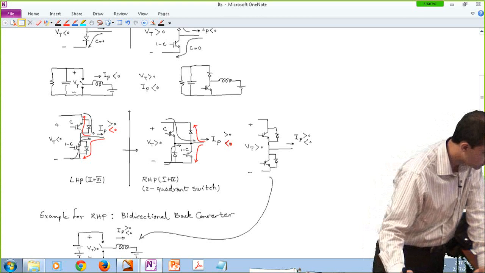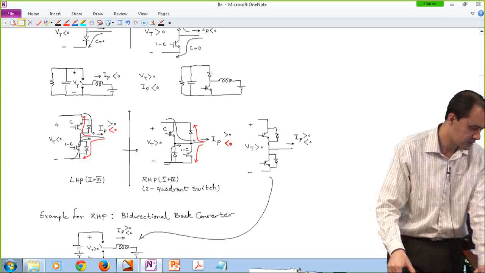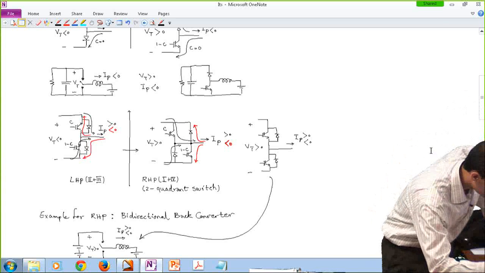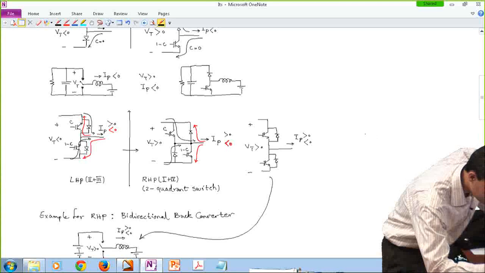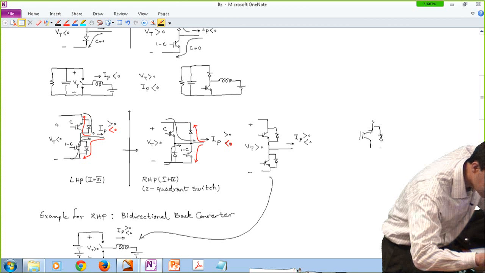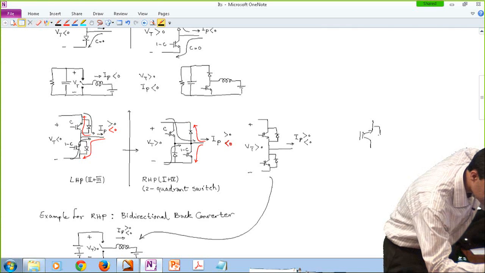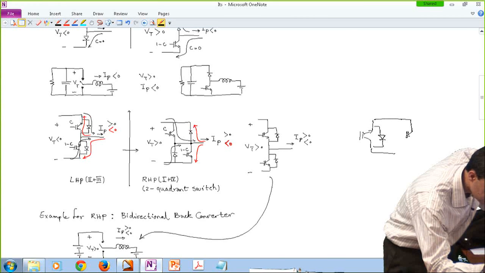You should not put them in parallel, because what you get is something like this. Let me draw that. So you already have this, and then you put it in parallel with this. Right?